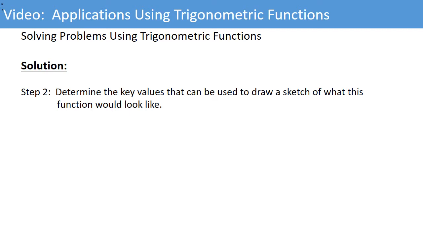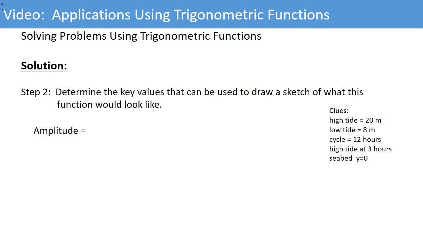Now from there, determine the key values that can be used to draw a sketch of what this function would look like. Clues on the right. Amplitude: high tide minus low tide divided by 2. 20 minus 8 divided by 2 is 12 divided by 2, which is 6.